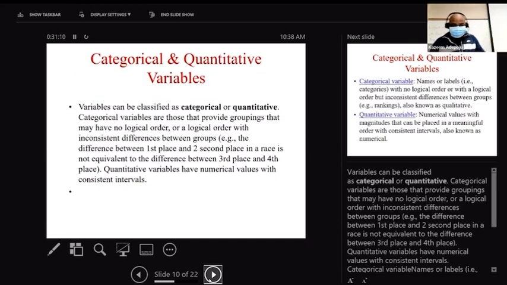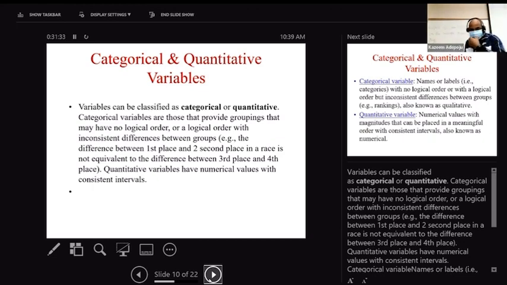I've talked about categorical and quantitative variables now. I told you the other time, the variables can be categorical when it has more than one level, but if it has only one level, then it is quantitative. I gave an example here.